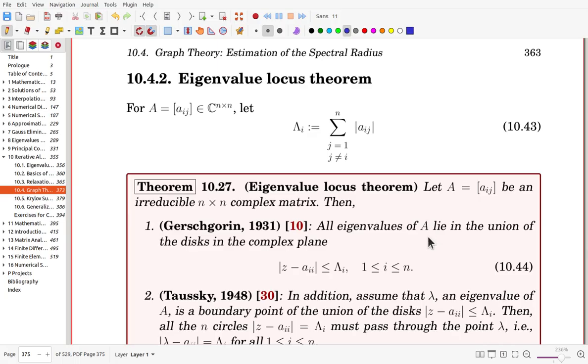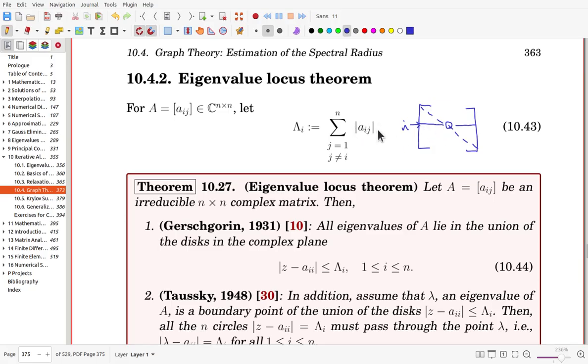Okay, we'll go now to the eigenvalue locus theorem. First, we define capital Lambda i. For each row, the ith row here, we exclude the diagonal entry and for the remaining entries, we add them in modulus.